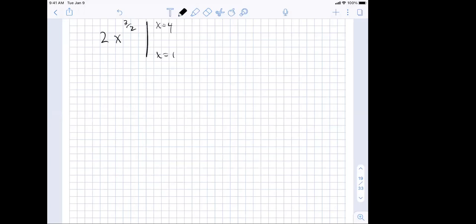So that's going to give me 2 times 4 to the 3/2. There's when I plug in x equals 4. Minus, well, when I plug in 1, I'm going to get 2 times 1 to the 3/2. Right? What is 4 to the 3/2? Well, what's 4 to the 1/2? 2.